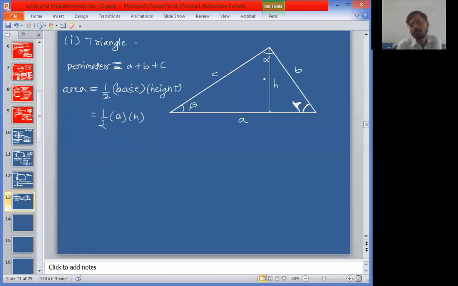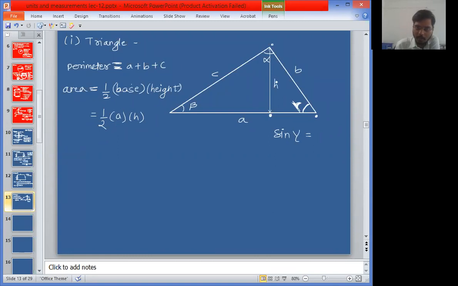But now you can observe this triangle. Which triangle? This triangle, this point and this point. If you observe this triangle carefully, and if you write sine gamma near this, how to find sine?